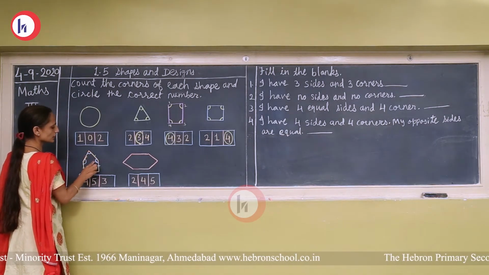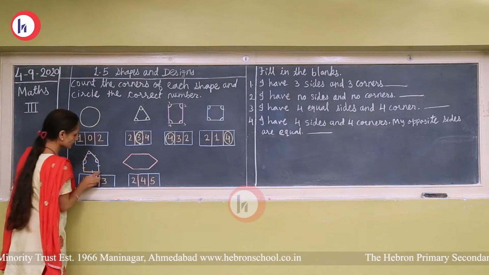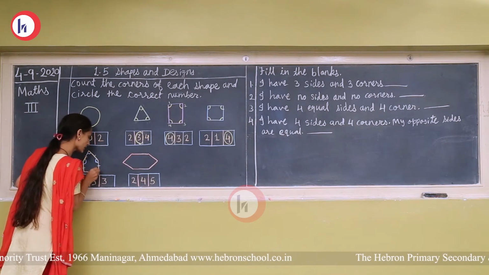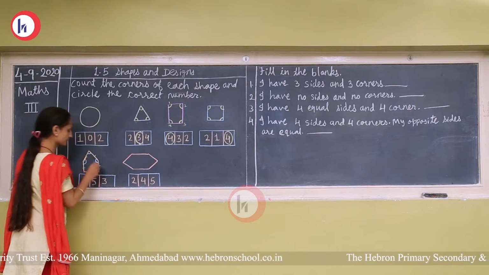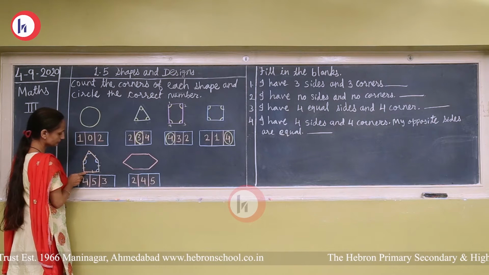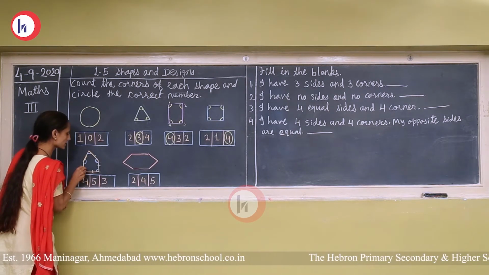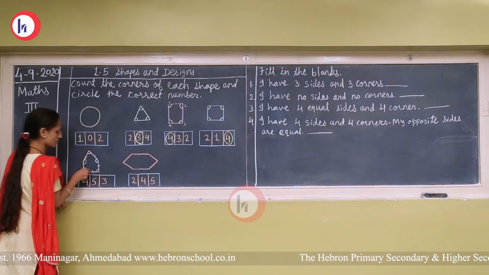1, 2, 3, and again here. So here again it is a corner because there are 2 lines here, and yes, 1 more, 1 and 2 lines, so here it is again 1 corner.